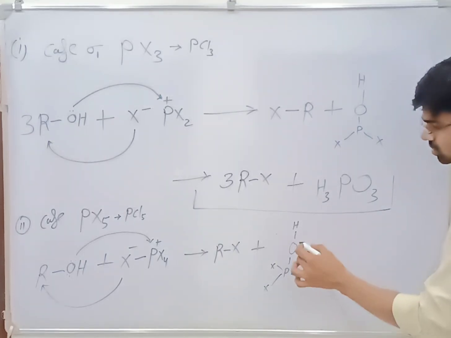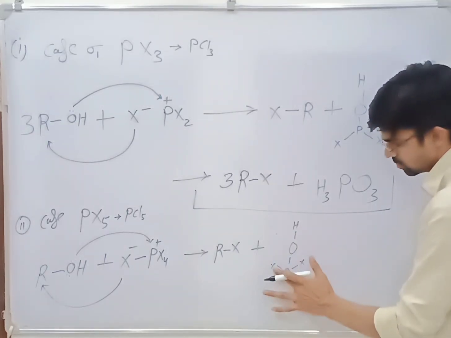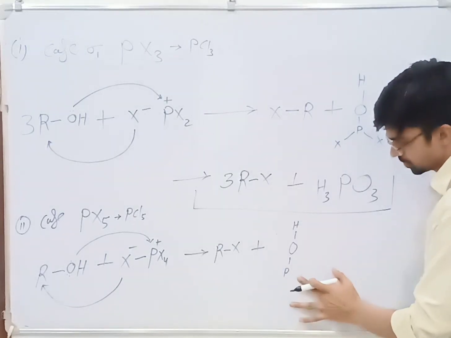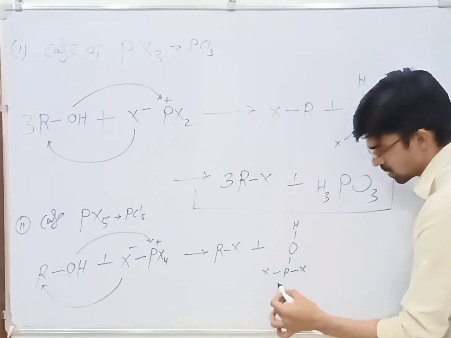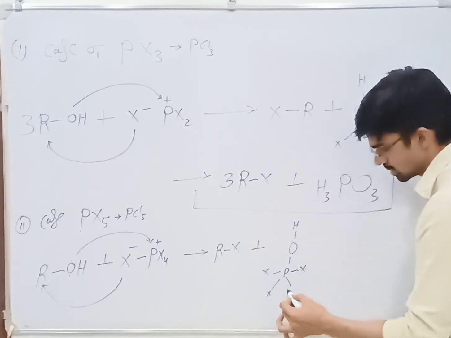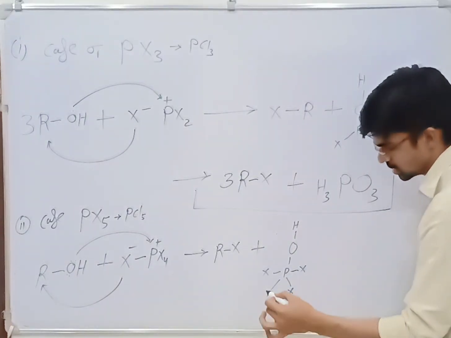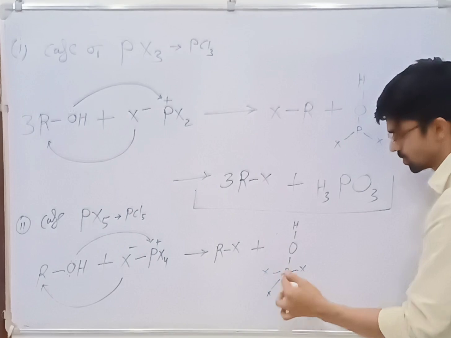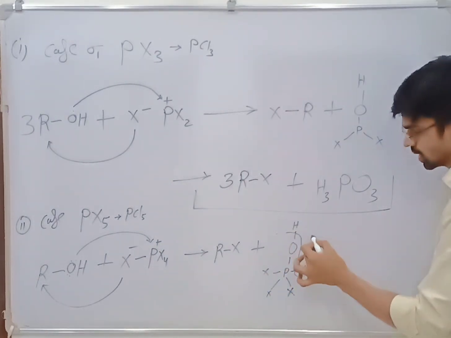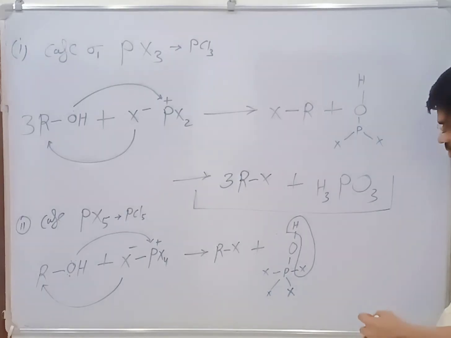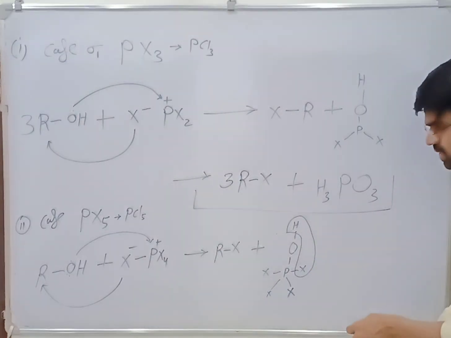Okay. Now, one thing you have to remember here: two halogen atoms are at horizontal position, so both are unstable. So one H will take the X and remove it from the compound, so it will form HX.